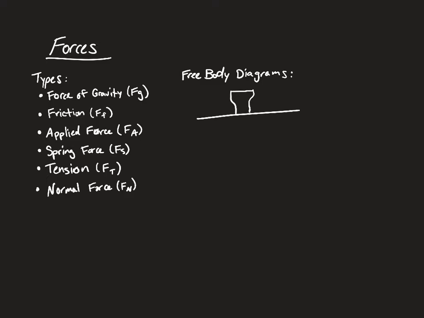How would I draw a free body diagram diagramming the forces acting on my coffee cup? Well, a free body diagram is obviously a diagram, so I'm going to draw some arrows because forces have direction. So forces can point in different directions, and they can also have different magnitudes. So that would determine how long I draw my arrow for each force.